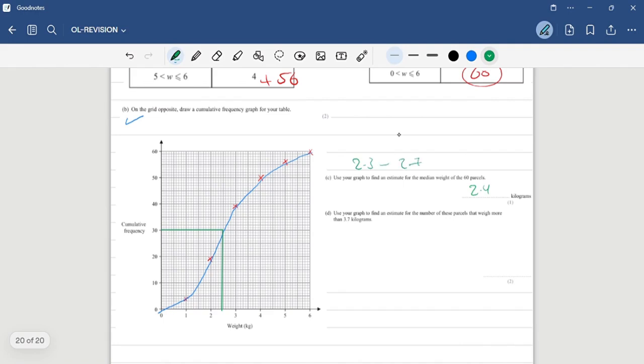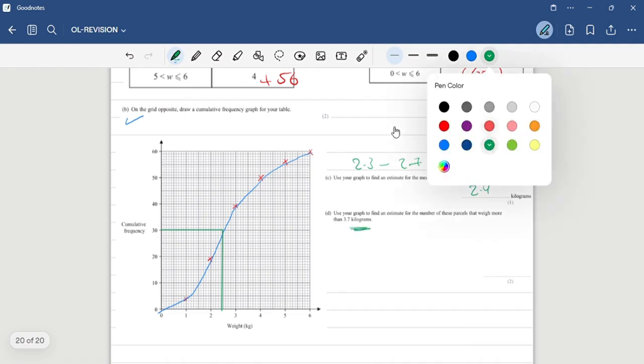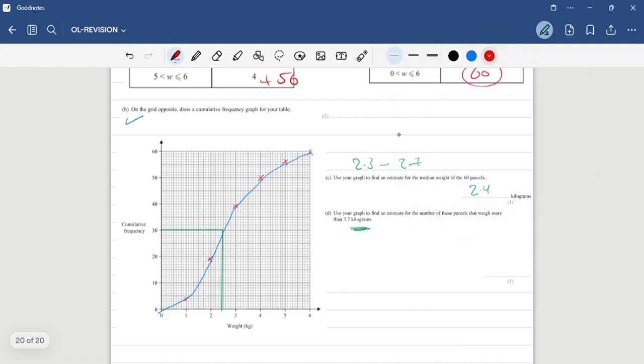Now he asked to use the graph to find an estimation for the number of travelers with weight greater than 3.7. So of course, I will assume that 3.7 is represented here. So I will go up from 3.7 for this part. I will go up here by using this line, and look at this line.